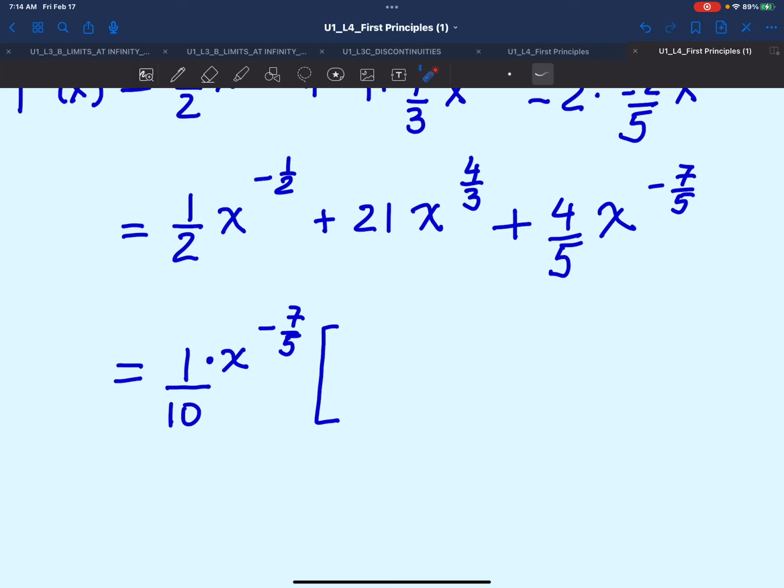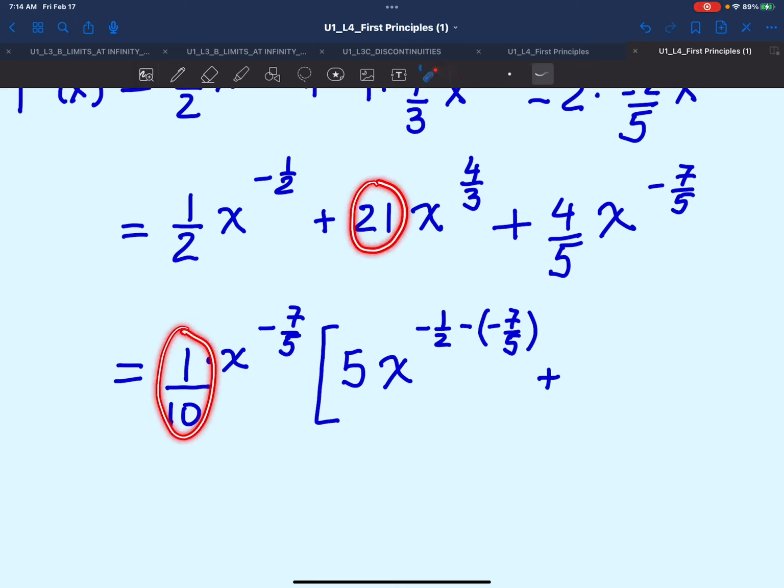So that makes it a 5. So 5 is the new coefficient of the first term. Then we have x. Power negative half, take away the power that is factored, which is negative 7 over 5. And then plus. We took 1/10 out of 21. That means that 21 divided by 1/10, 210.